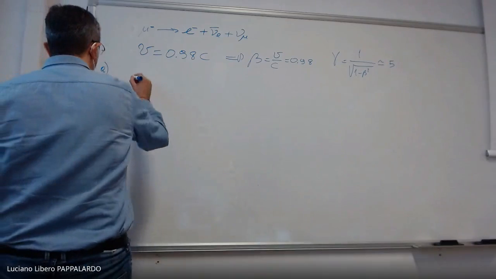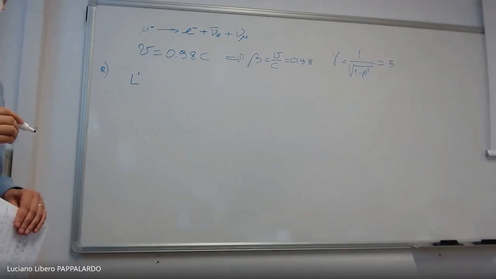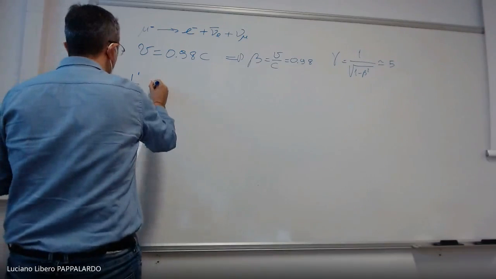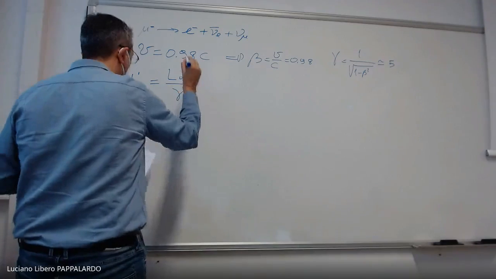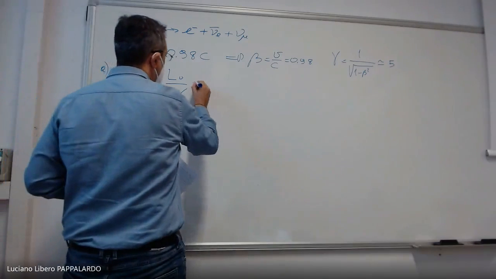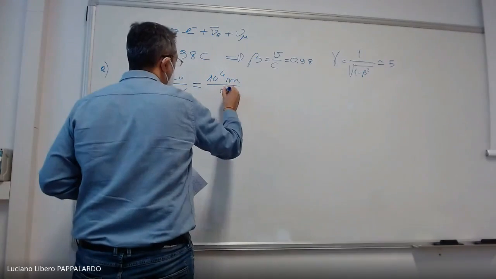So the length of the atmosphere seen by the muon reference frame, that we call L prime, is the contracted length. So this is the real length, L0, divided by the gamma factor. L0 we know is 10 kilometers, so this is 10 to the 4 meters, and gamma is 5.